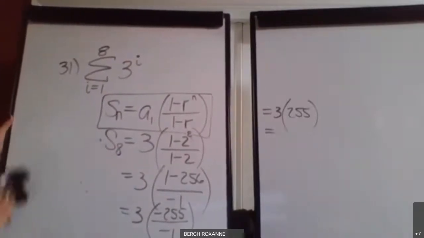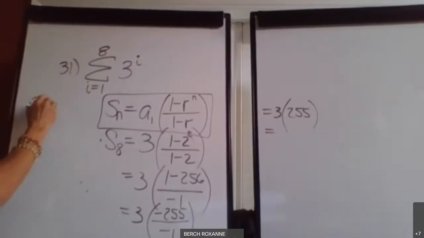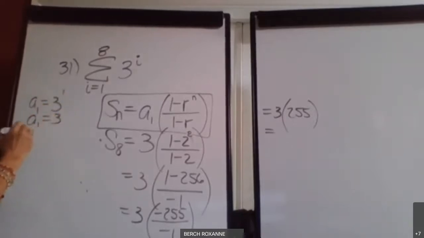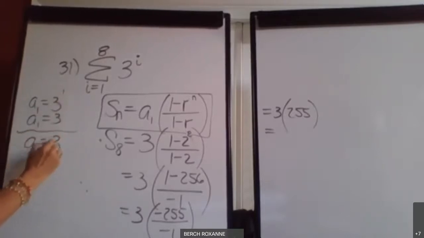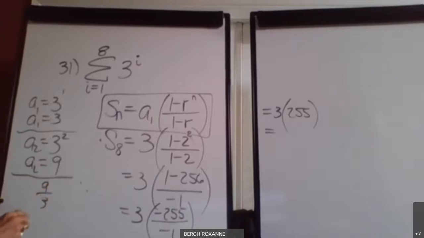So you got to follow the rule. So a sub 1 would be 3 to the 1, which is 3. And a sub 2 would be 3 squared, which is 9. So when you go to find the common ratio, it would be 9 divided by 3, which is 3.